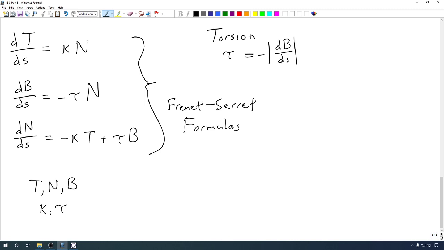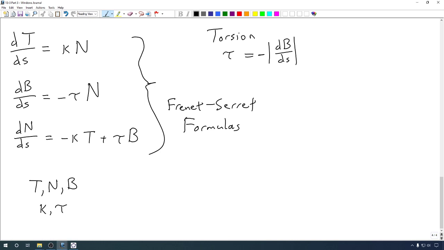In fact, if curves have the same Frenet-Serret apparatus, they will basically just be the same curve, up to the fact that we could move it around a little bit. We could just translate it around. But this is the set of information about the curve that tells you everything you actually need to know about the curve. But we're not really going to get more into it than that. I just want you to know that all these are here.